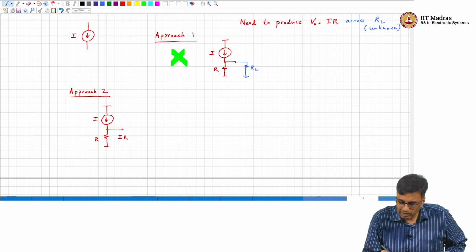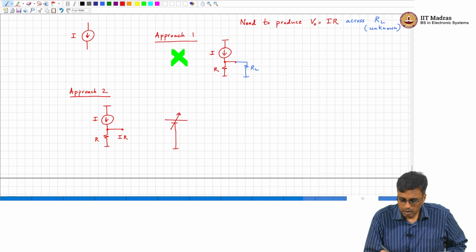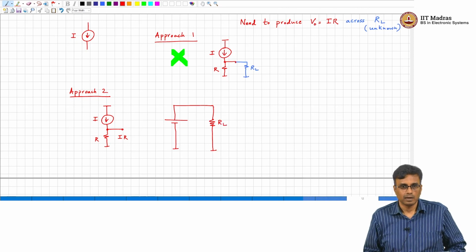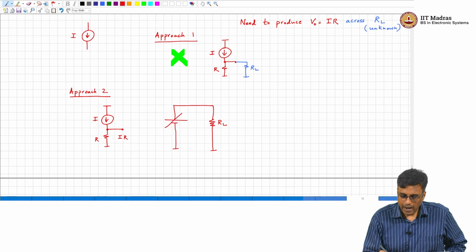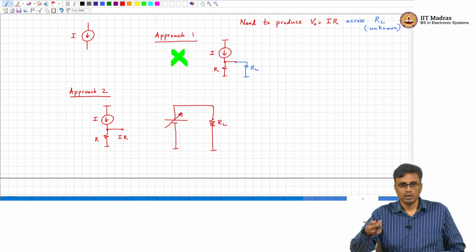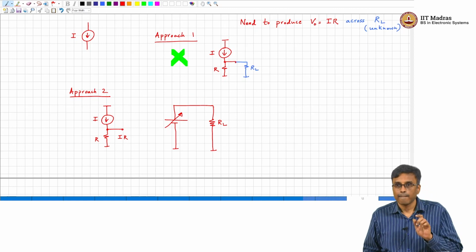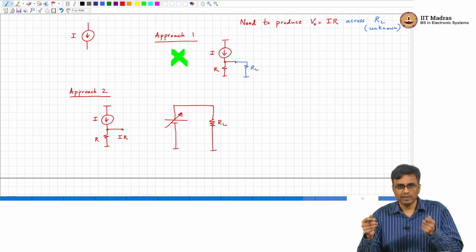So, basically we have this variable voltage source connected to RL, right? And what do we do? You keep monitoring V out and compare it with I R.